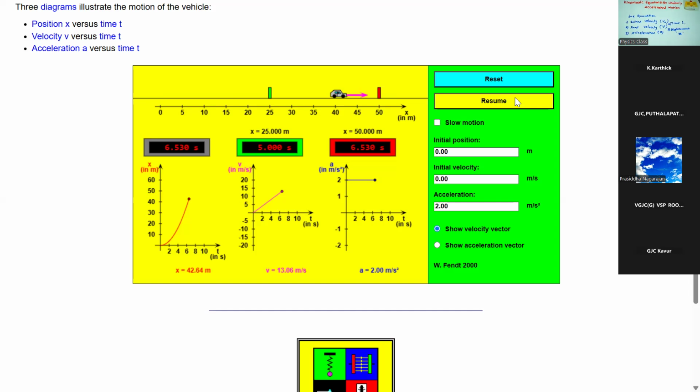Is it correct? Yes, good. So the object's velocity changes, which means displacement per time changes, because already you know that velocity is equal to displacement by time. So that's why in the position-time graph, there is a parabolic line. This looks like a parabolic path. So this parabolic curve represents the change.